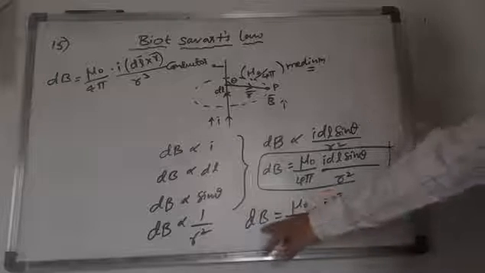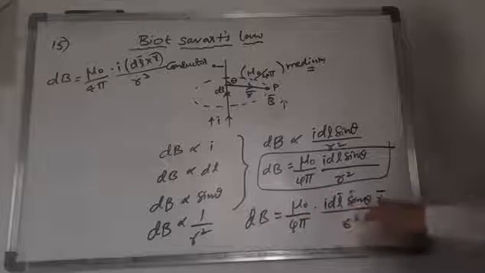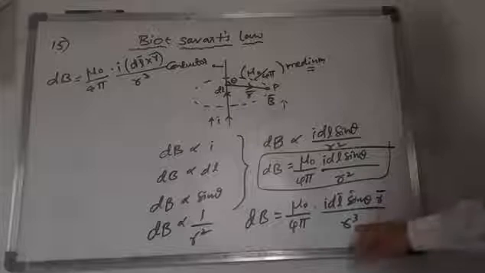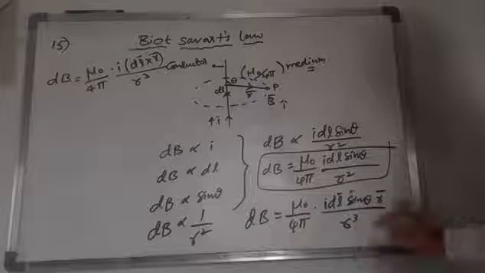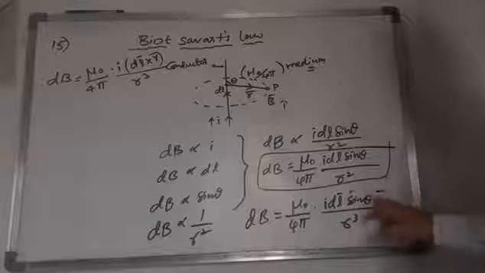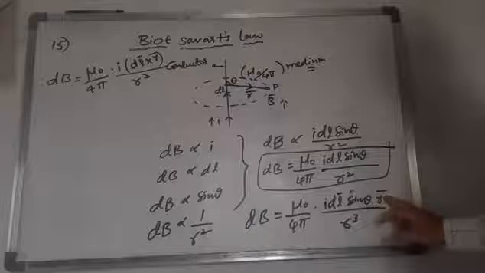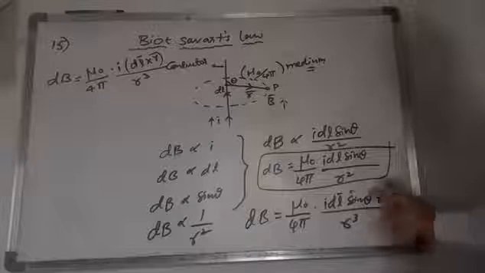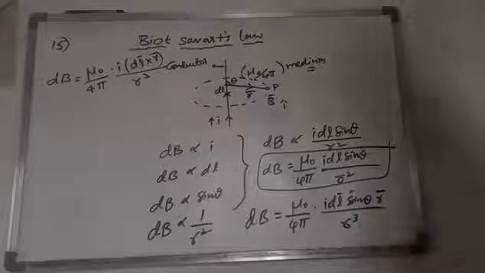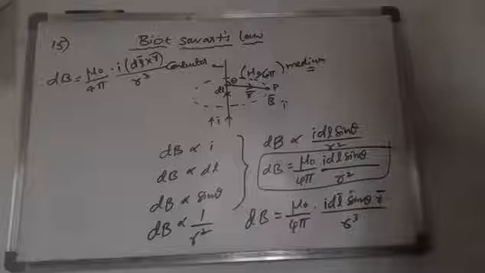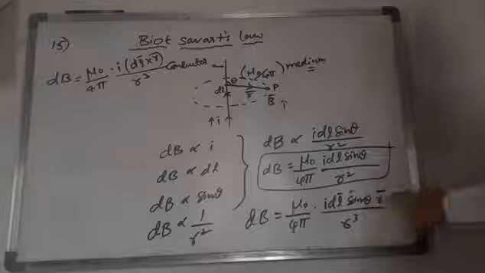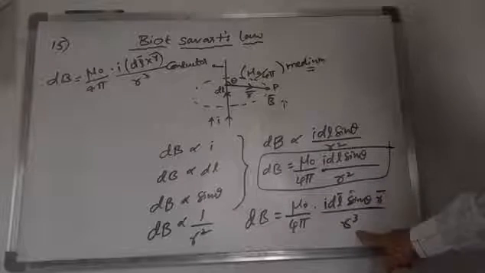So we will get dB is equal to mu naught by 4 pi into I dl sine theta into r by r cube. Why r by r cube? Here I am taking a vector of magnitude r, so it should be divided by r to get the unit vector. Unit vector will give you the direction. So that's why I am dividing this vector by its magnitude here. Okay.